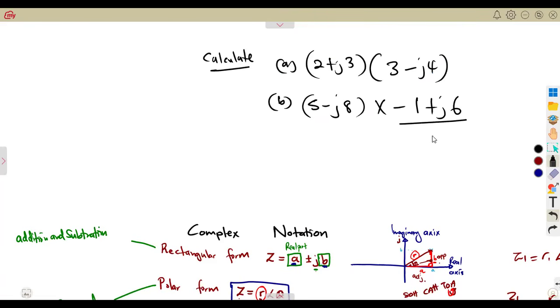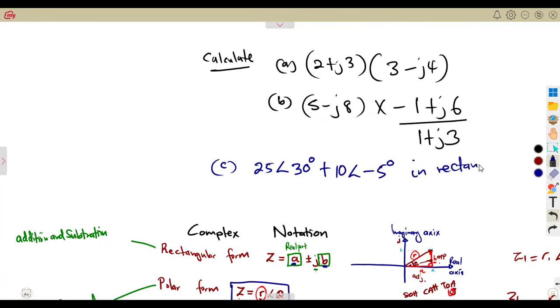There we've got 25 angle of 30 degrees plus 10 angle of minus 5 degrees in rectangular form. Your answer is supposed to be in rectangular form for this one. Let it be in rectangular form.